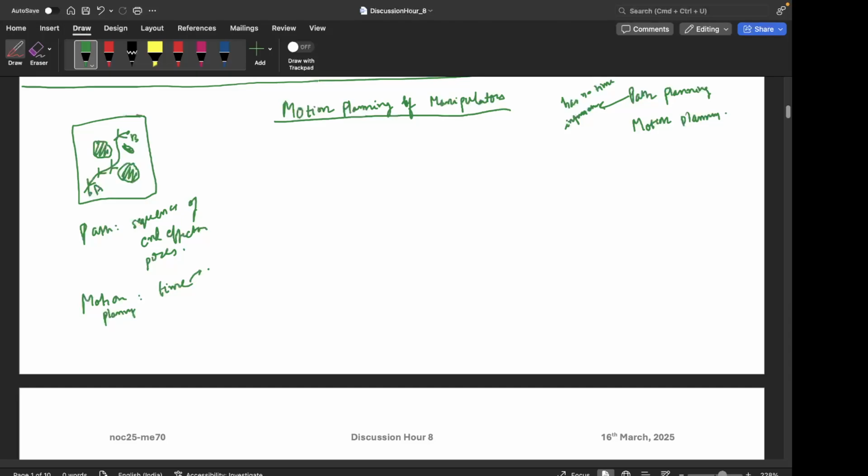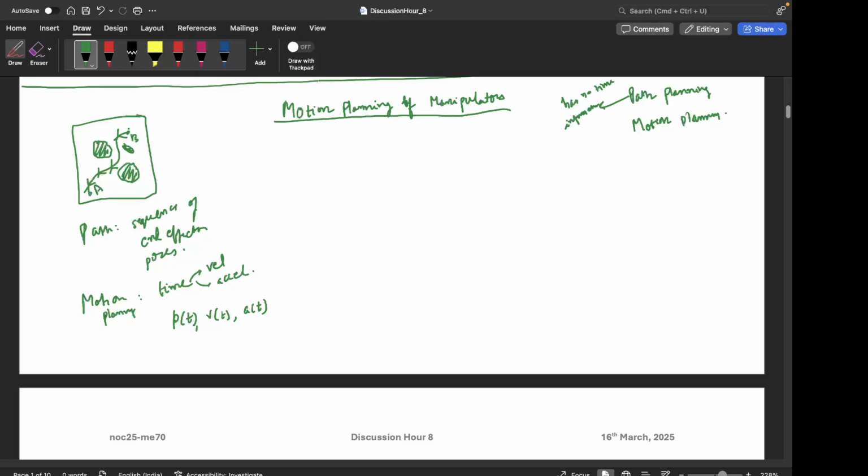And when time comes, we have velocity and acceleration into the picture. So now I am describing the position of the end effector, the velocity of the end effector, and the acceleration of the end effector.